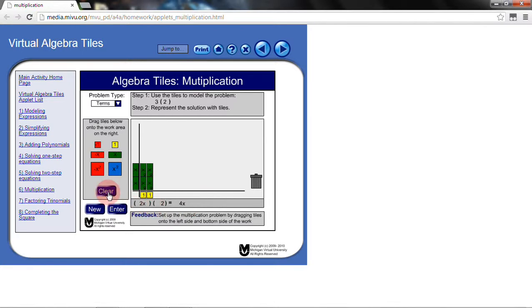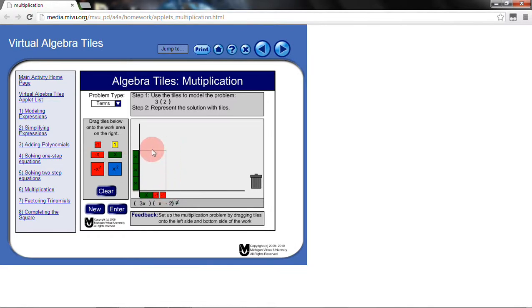If you were going to be doing a monomial by a binomial, you could do something like 3x multiplied by, let's say, x minus 2. And as you notice, as I add terms in here, your area increases.